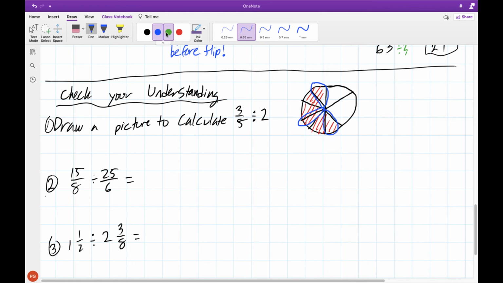But keep in mind, if we want to use this as a fraction diagram, we also need to cut these 2 chunks in half as well. That way all of our pieces are the same size. And now we can see we've got 3 highlighted pieces, and we have a total of 1, 2, 3, 4, 5, 6, 7, 8, 9, 10 pieces, so our answer would be 3 out of 10.